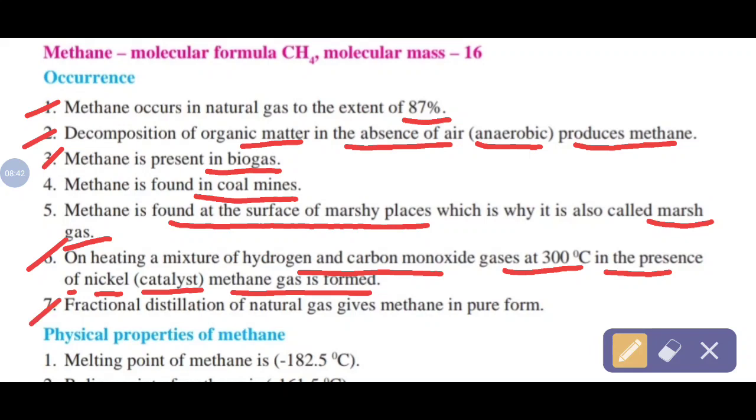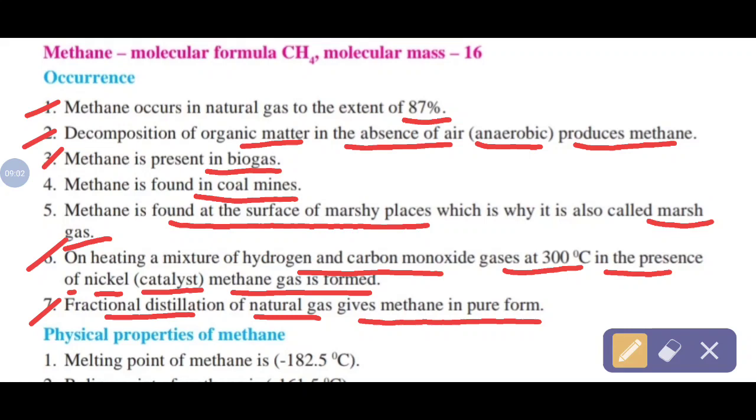And the 7th one, fractional distillation of natural gas gives methane in pure form. So at all these places methane is present, methane occurs, methane is found.